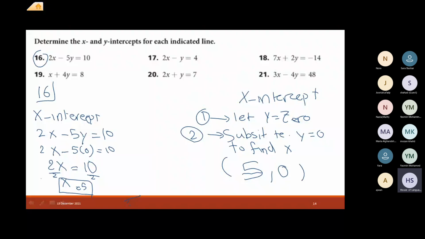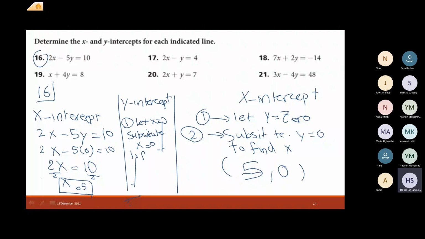Now, how will you find the y intercept? The opposite steps. For the y intercept, let x be 0. Then substitute x with 0 to find y.